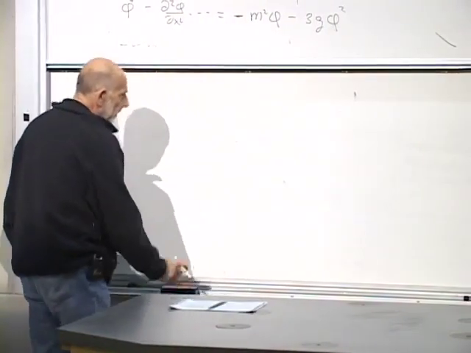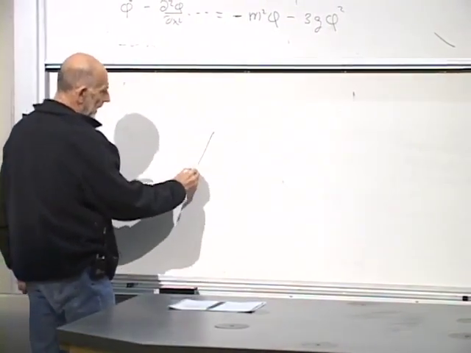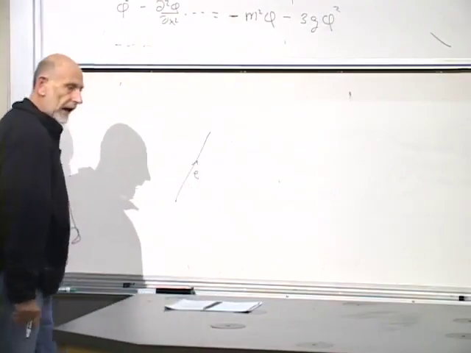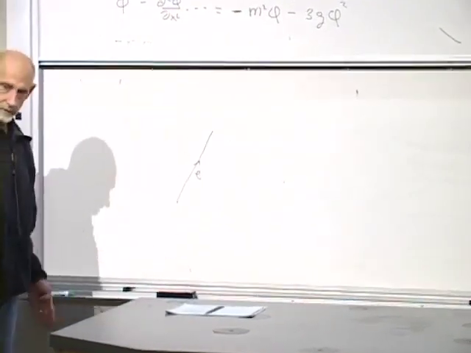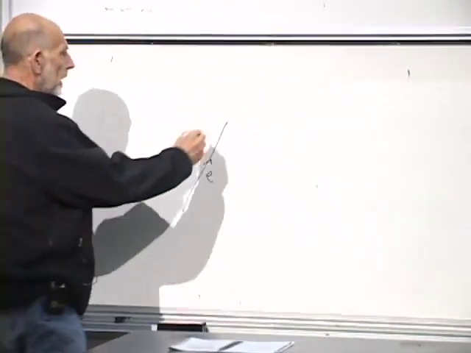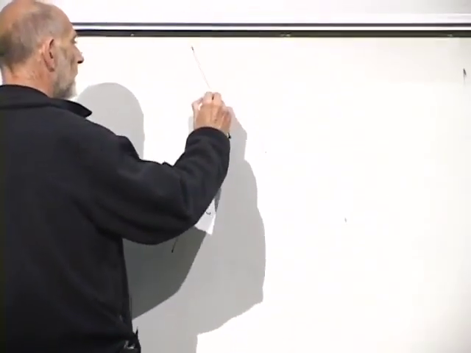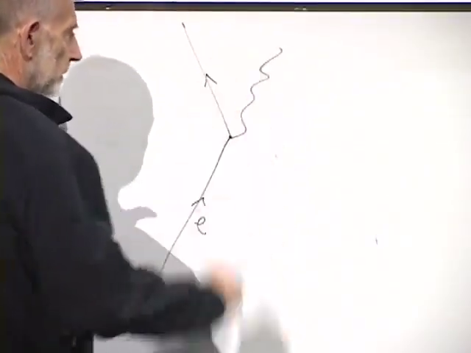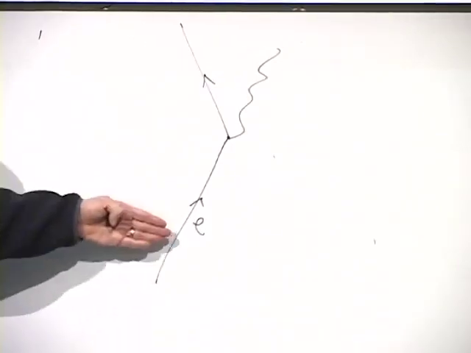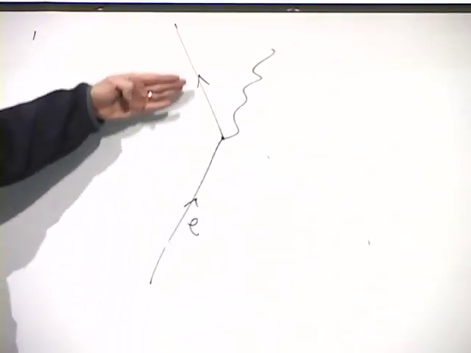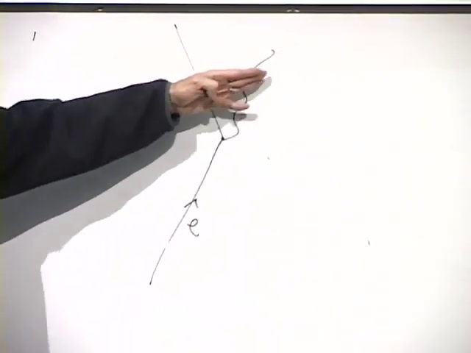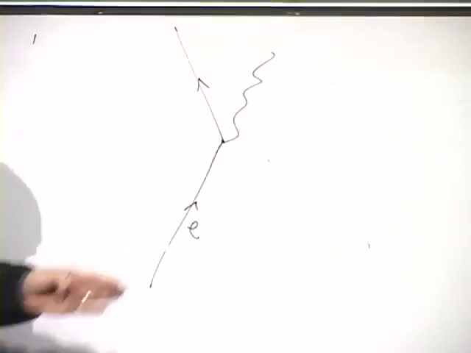For example, it can take an incoming electron. Let's put a little arrow on the electron to show its direction of motion. It can scatter it and emit a photon. What is that? That's an annihilation operator for an electron, a creation operator for the electron, and a creation operator for the photon.